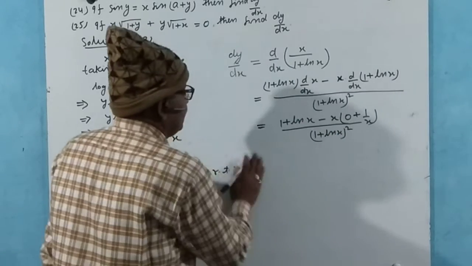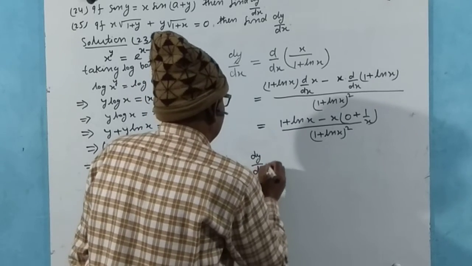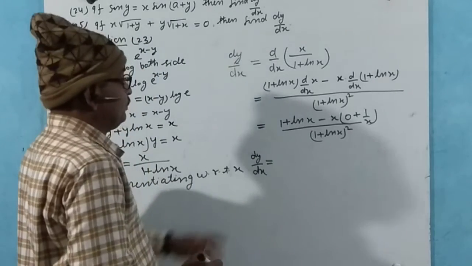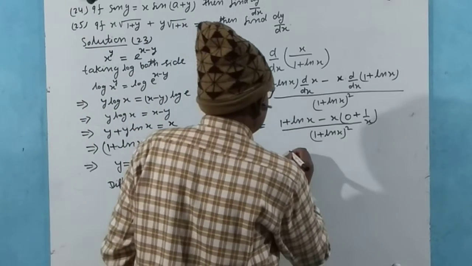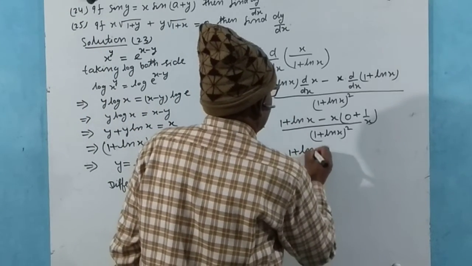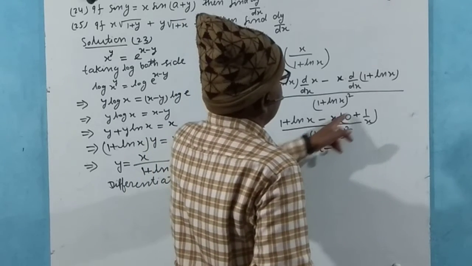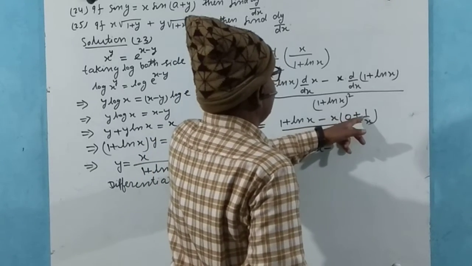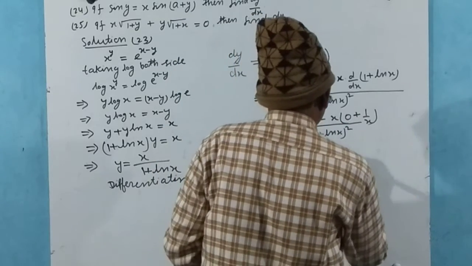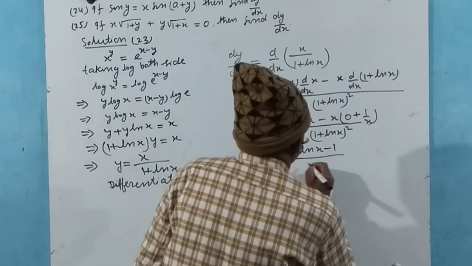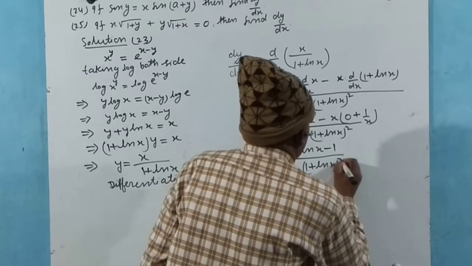Now dy by dx equal to 1 plus log x minus, this is 0, this multiplied by this is 1, so that this is equal to 1 divided by 1 plus log x whole square.